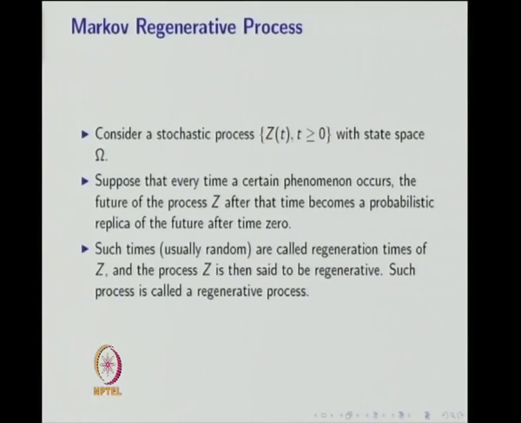Such times, usually random, are called regeneration times of the stochastic process Z(t), and the process Z(t) is then said to be regenerative. Such a process is called a regenerative process.